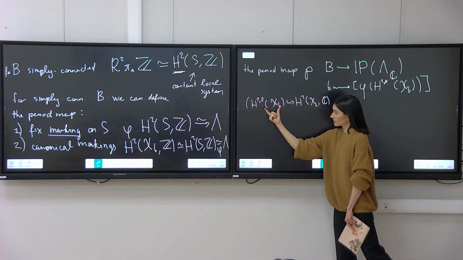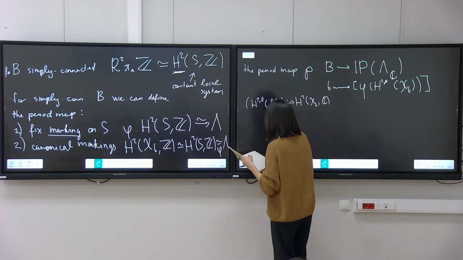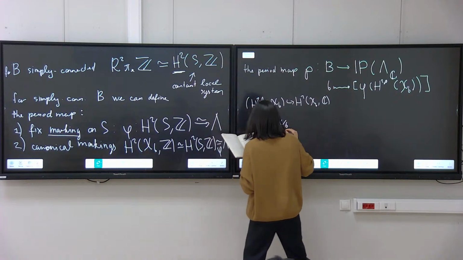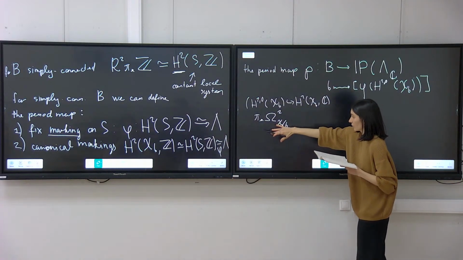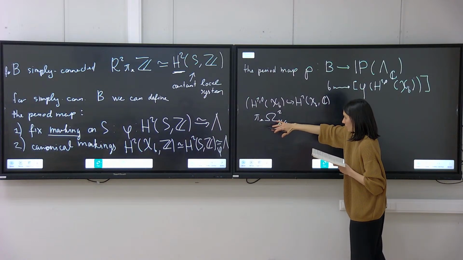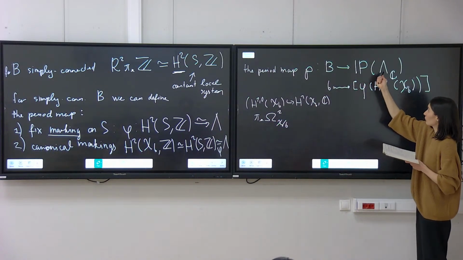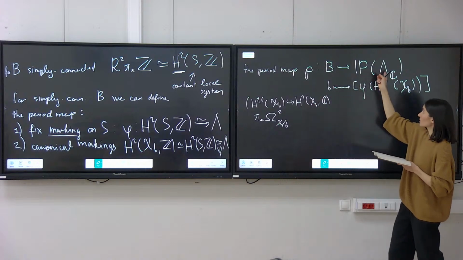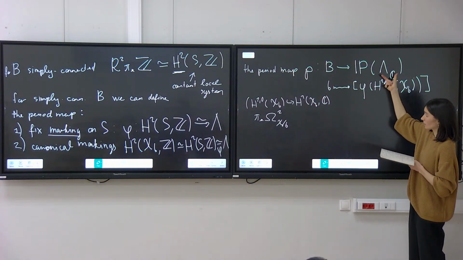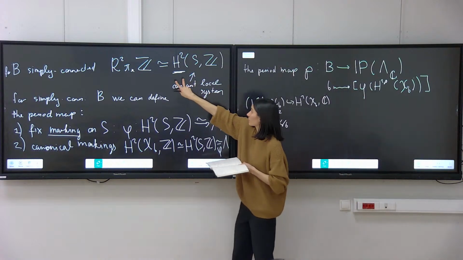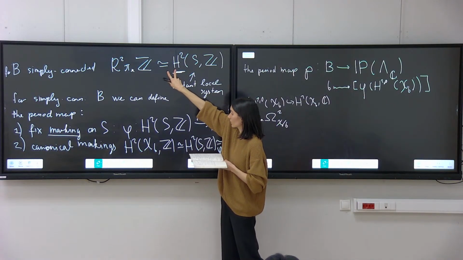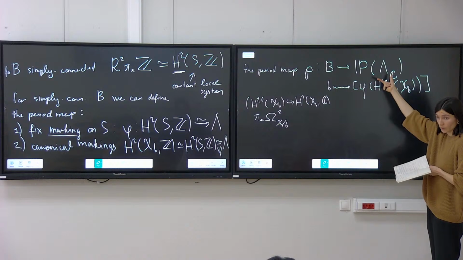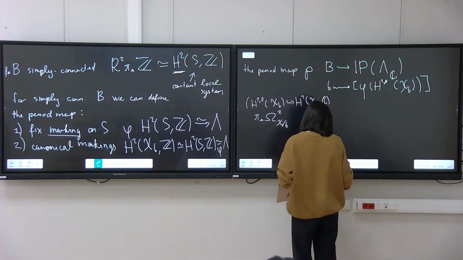So this line bundle, which was given by relative canonical differentials, abstractly cannot give you a map to projective space just because we cannot canonically identify this with this complex space. But if we have a simply connected base, then this identification is canonical, okay? So we obtain a map to projective space, okay?